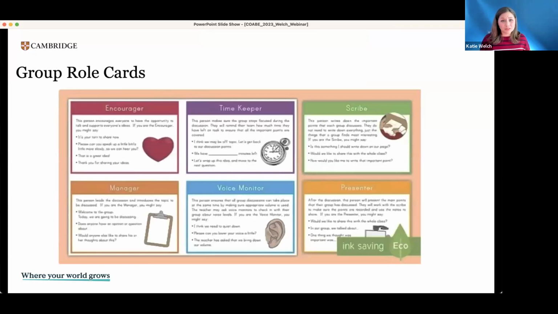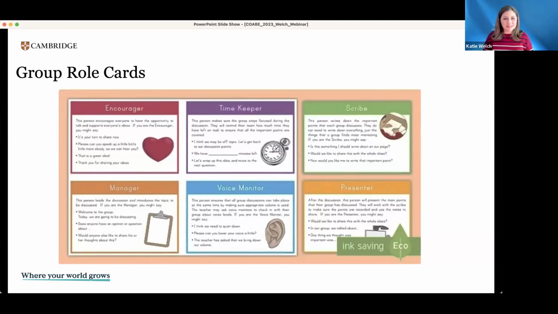Last thing with random groups that you can do is, when you create these groups, you can assign roles to the different people. Even though they're random and you think I don't have a lot of control over who they're working with, or in this case, how they're getting up the mountain, with these group role cards you do have the opportunity to provide scaffolds for students.